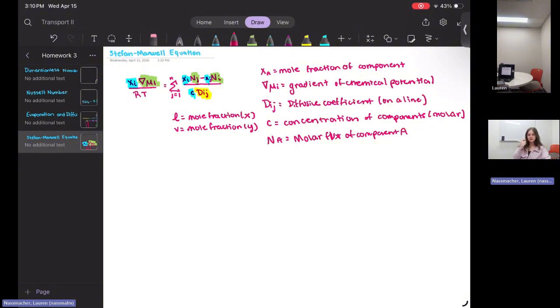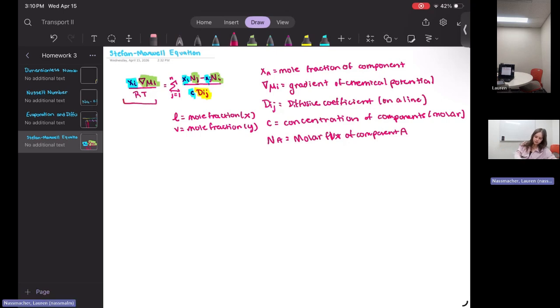In chemical engineering, or in heat and mass transfer, I should say, a lot of the time you use the mole fraction for a gas, so we typically use y. In the rest of this problem, we are going to be switching out x for y, but it means essentially the same thing, just for a gas.